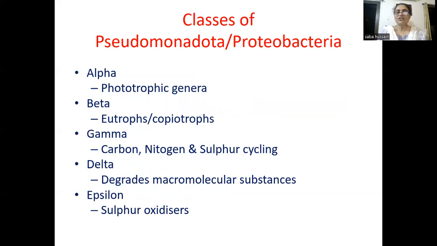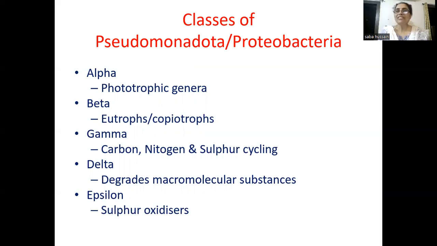Coming to the classes of Pseudomonadota or proteobacteria, it has 5 classes: alpha, beta, gamma, delta, epsilon. And here I have picked up the characteristics of the type of nutrients they are dependent on. Alpha belongs to phototrophic bacteria. So genera of phototrophic bacteria are included in alpha. Eutrophs or copiotrophs are included in beta.